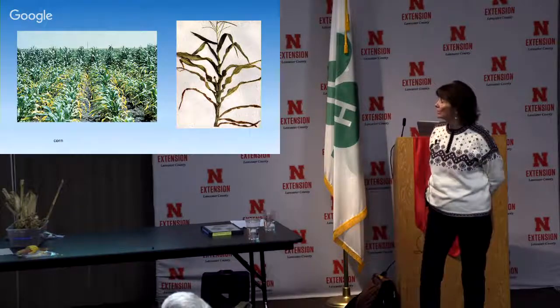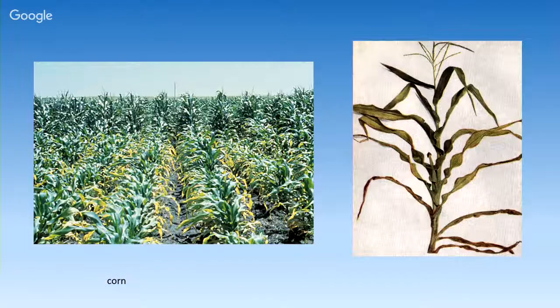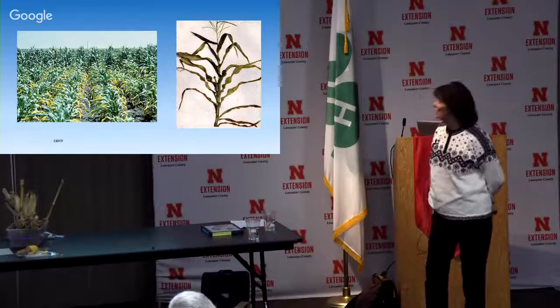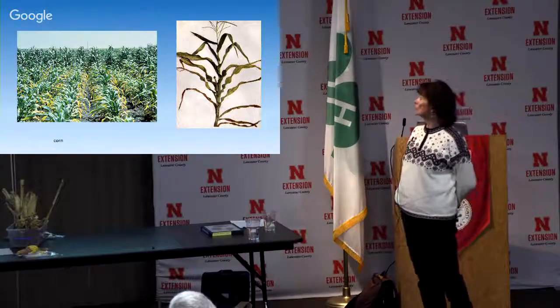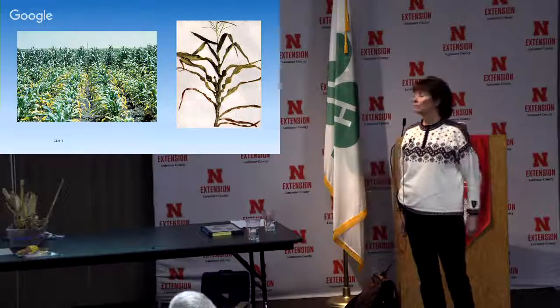Here we see it on corn, and those are the lower leaves on the left there. And again, there's a pattern. You see this repeated yellowing on the same stage of leaves. This is a picture from one that was done in the greenhouse, and constant potassium deficiency, and the purpling will just move up the stem.